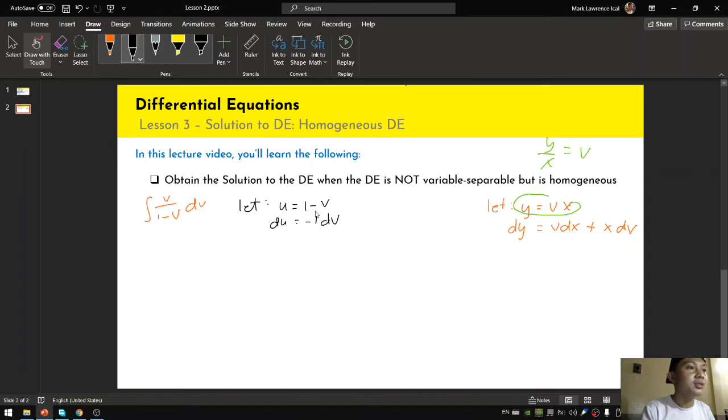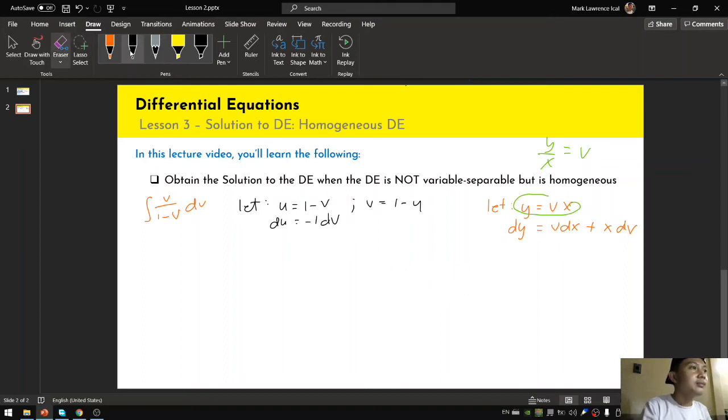Okay, so on the other hand, we also have the idea that v using this one, okay, so v could also be plus na yun, 1. So v is equals to 1 minus u. Okay, so v is equals to 1 minus u.